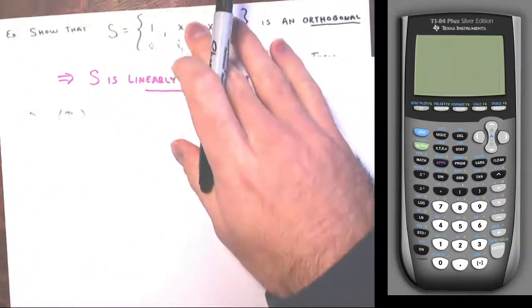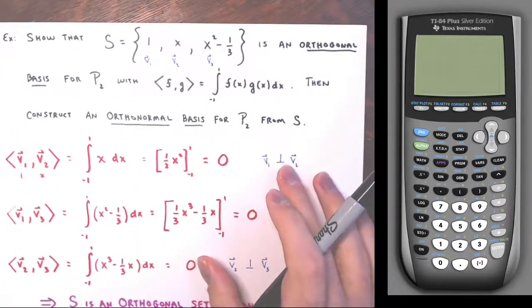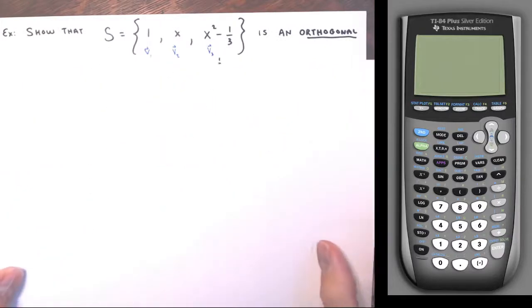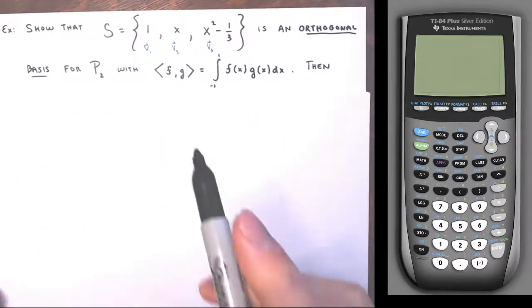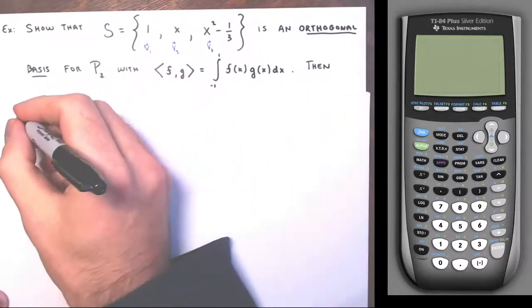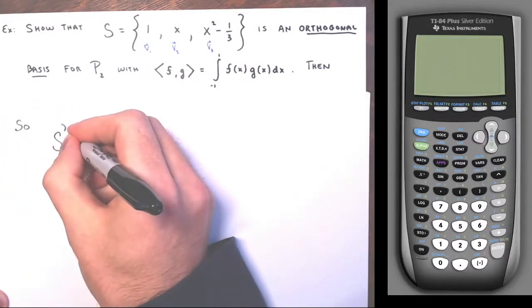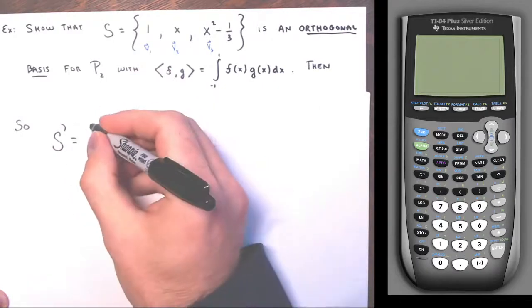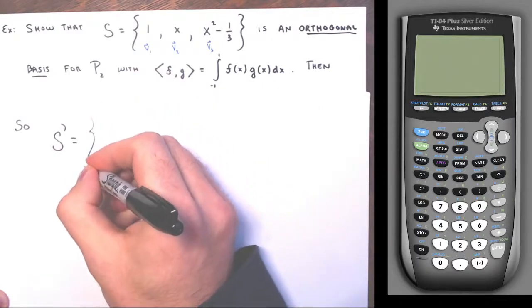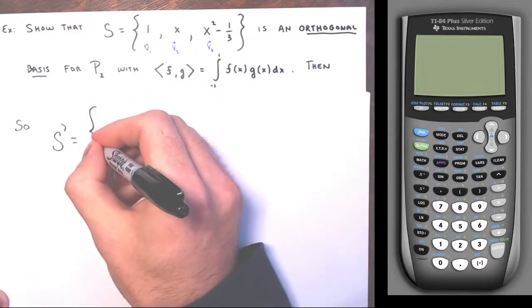So here was S. Let me back this up. So here was S: 1, x, and x squared minus a third. Again, I'll call this S prime because it's not S. It is the set of these polynomials from P2.